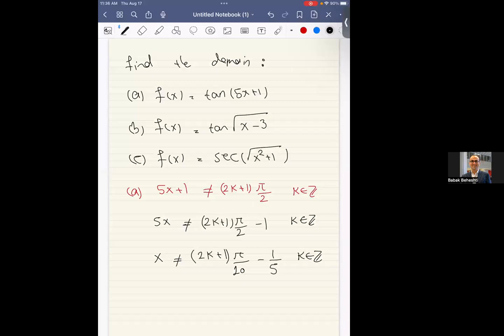I divided by 5, yes. So 2k plus 1, you divide that by 5? Yes. You get pi over 10. Why? Because 1 over 2 times 1 over 5 is 1 over 10.